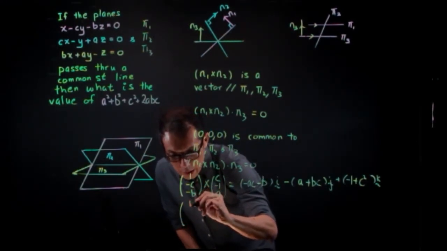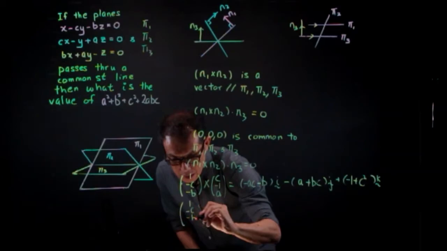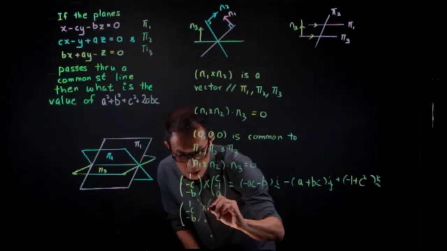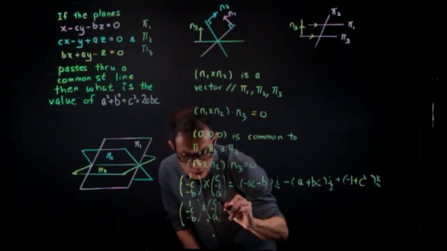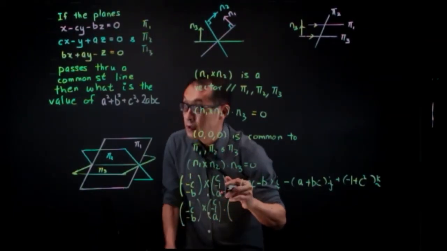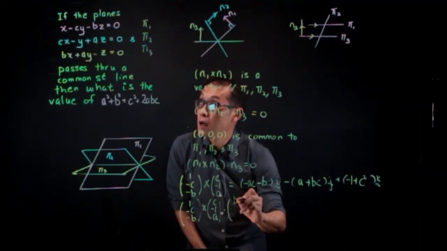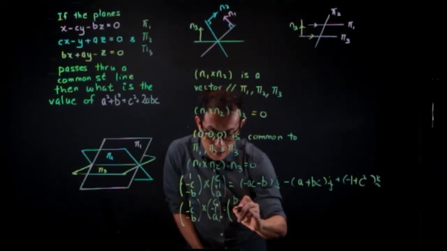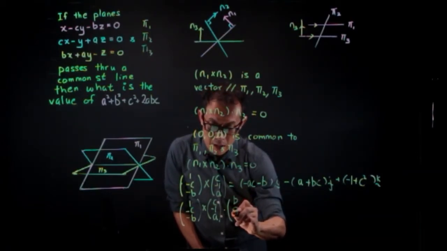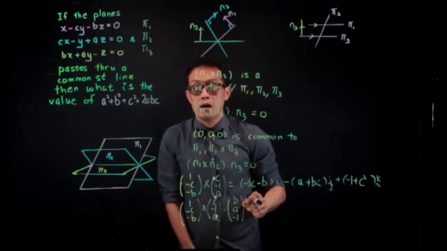Now we do a dot product with the third normal, b, a, and minus 1. What will I get?